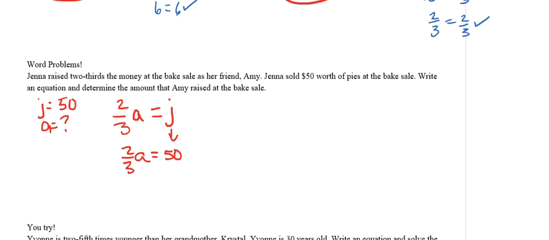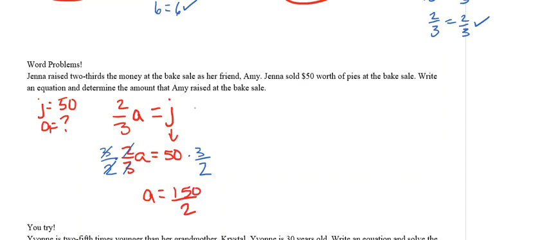And now actually solving it. The variable is on the left side and you have a fraction. So the reciprocal of 2 over 3 is 3 over 2. So we're going to multiply both sides by 3 over 2. These cancel off and you're going to be left with A is equal to 150 divided by 2.